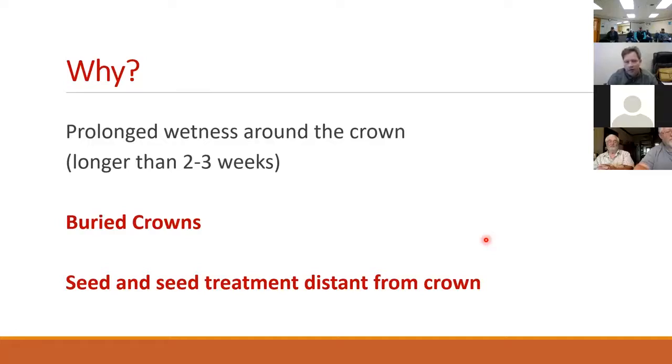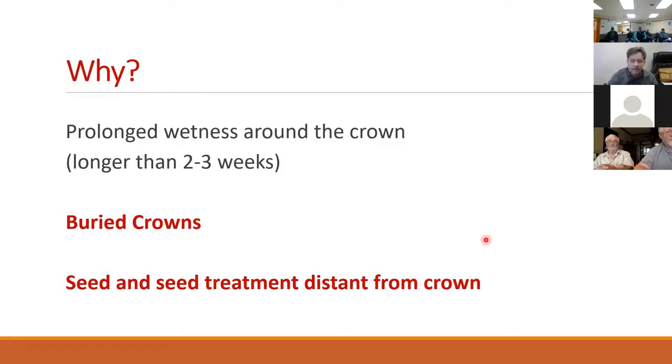we don't always get a response. Three out of four years, we get a really good response from these crown rot seed treatments, but once in a while, we get nothing. We believe the reasons behind that, and why growers don't get them, are threefold.